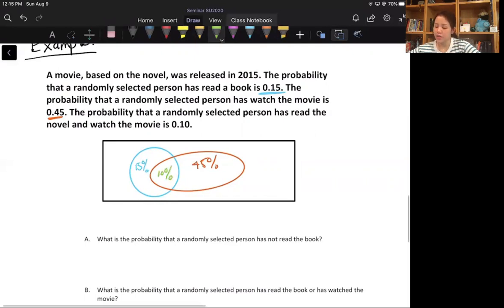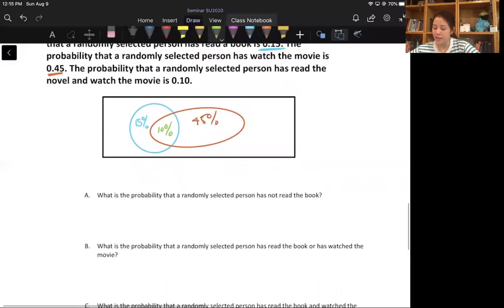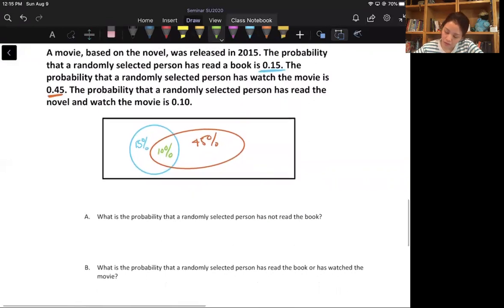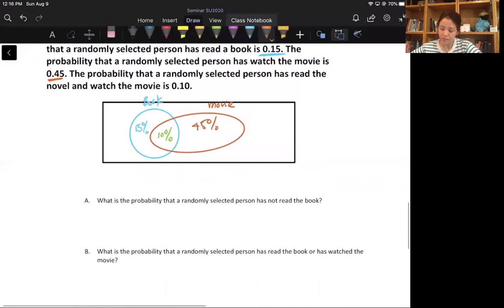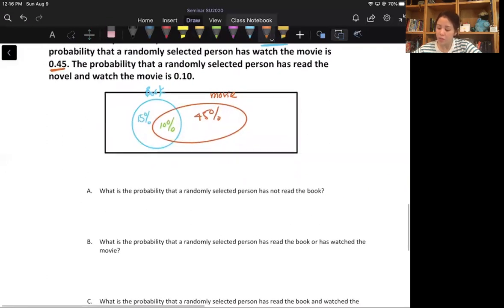So the question is, what is the probability that a randomly selected person has not read the book? So let me put here is book, and here is movie. And the middle will be the probability of book and movie.